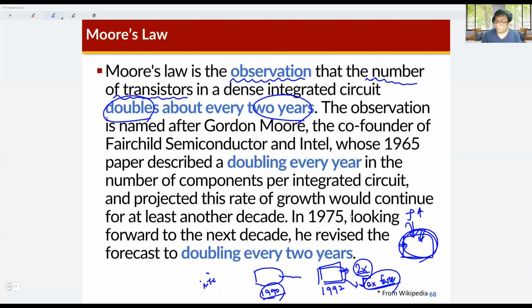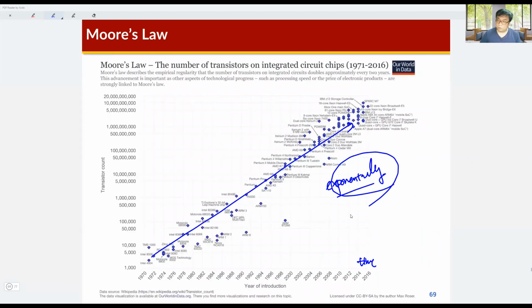The number of transistors doubles every 2 years. That means that the number of transistors in a single CPU increases exponentially. That is Moore's law. So based on Moore's law, the CPU also advanced.